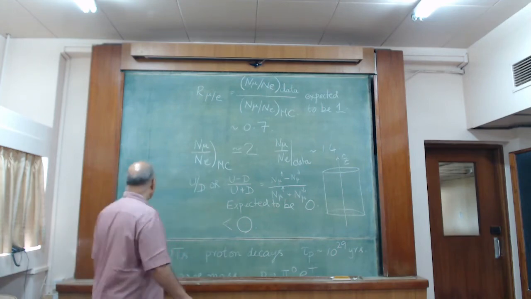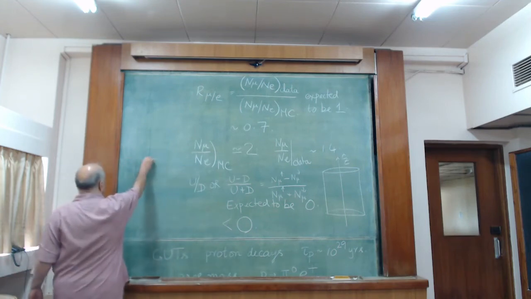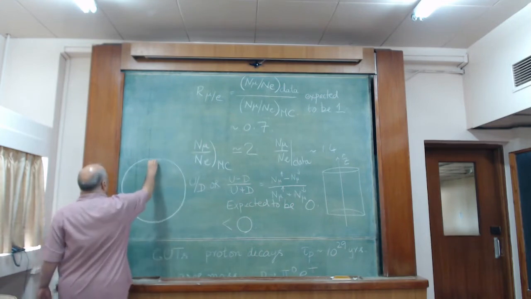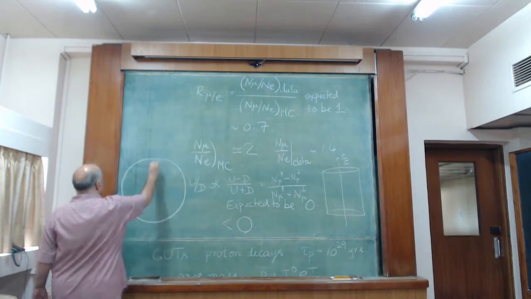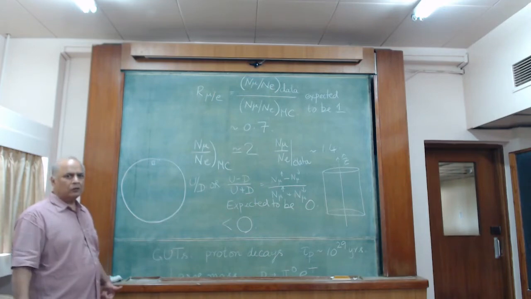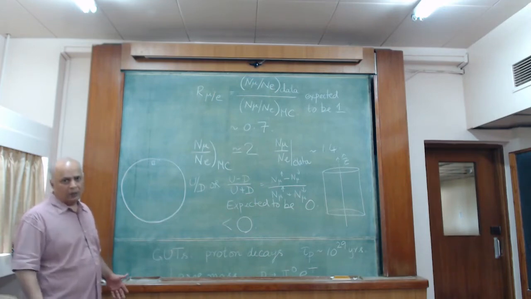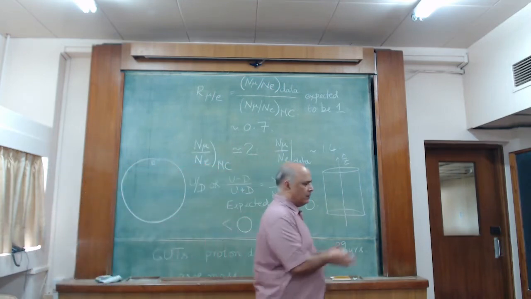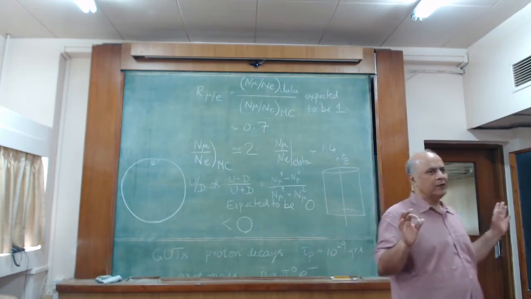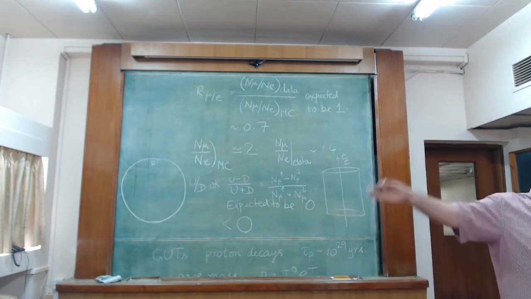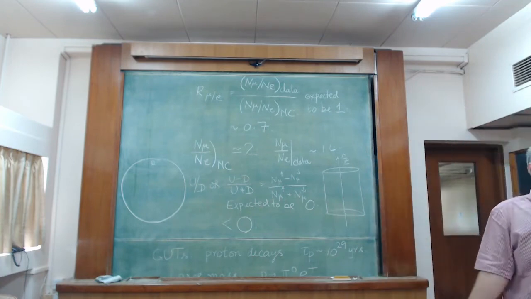Why should it be 0? Well, you think of Earth, and this is my detector. And where are the neutrinos coming from? They are coming from the atmosphere, and as far as our measurements of primary cosmic rays are concerned, the primary cosmic ray flux is isotropic.